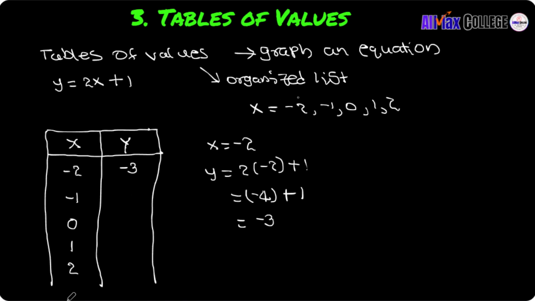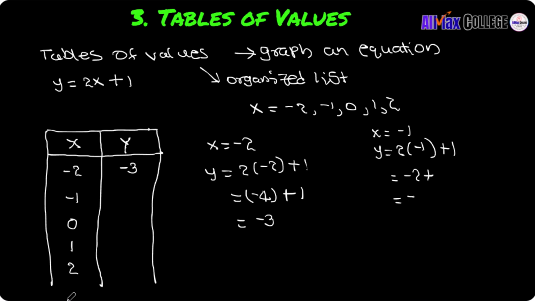When x equals minus 1, y equals 2x plus 1. 2 times minus 1 plus 1 is minus 2 plus 1.